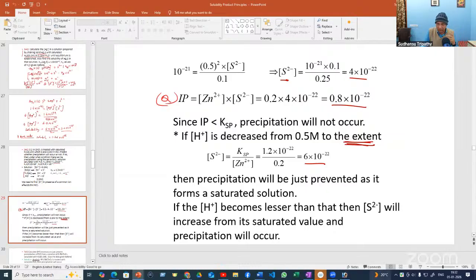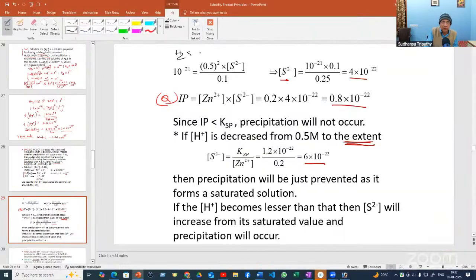So since I'm writing down the equation, this is homogeneous, all aqueous. So this will be 0.5 square, 0.5 plus 2x, supposing the number of moles of H2S coming out is x, it will be 2x for H plus.